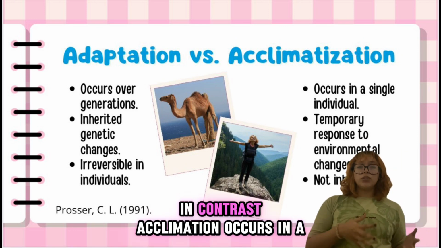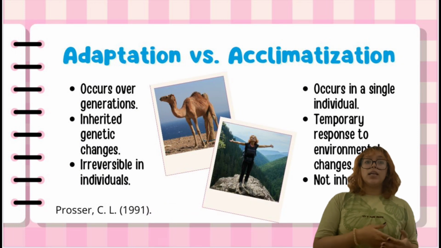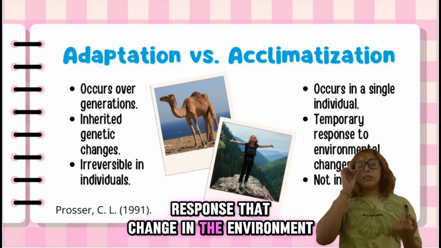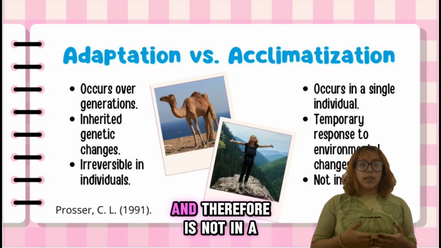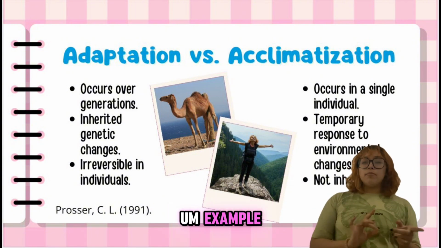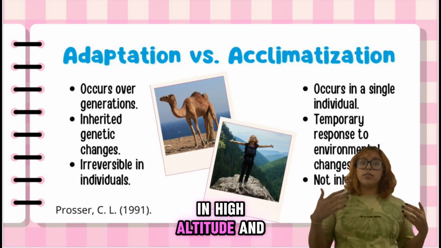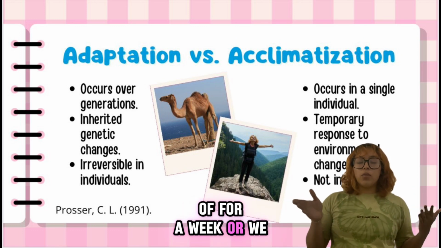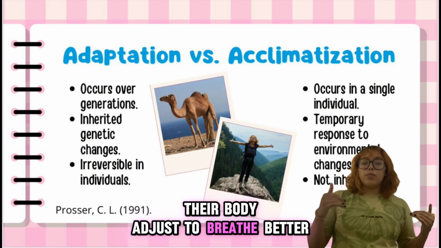Okay. In contrast, acclimatization occurs in a single individual. It's a temporary response to changes in the environment. It doesn't involve changing DNA and therefore is not inheritable. An example would be a person who travels to a city at high altitude, and after a few days or a week, their body adjusts to breathe better.